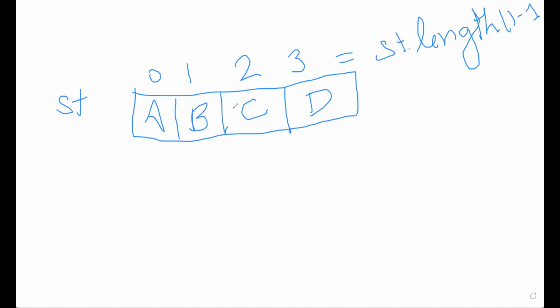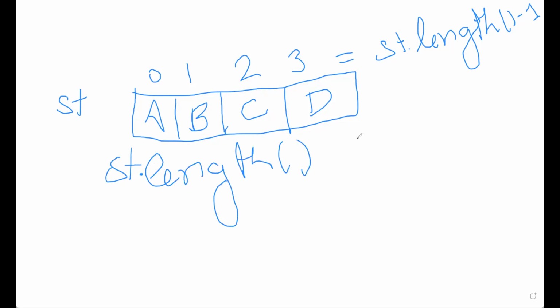Characters in the string A, B, C, D, how many are there? 4. These are 4 characters, isn't it? So if I say st dot length, how much we will get?